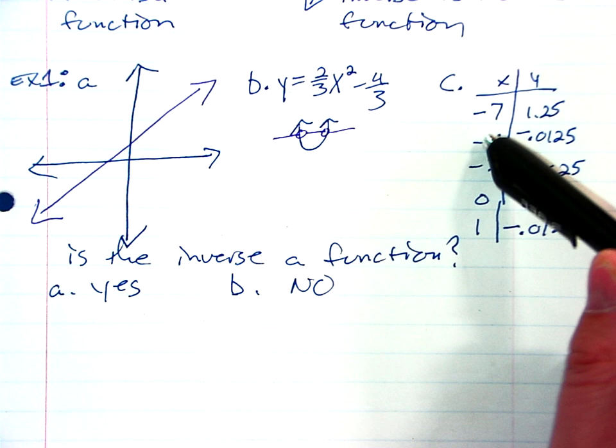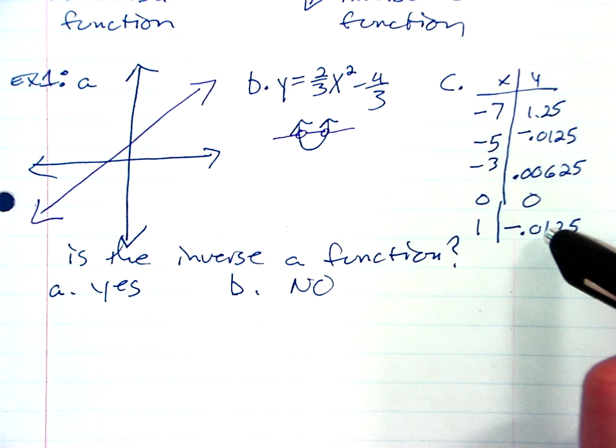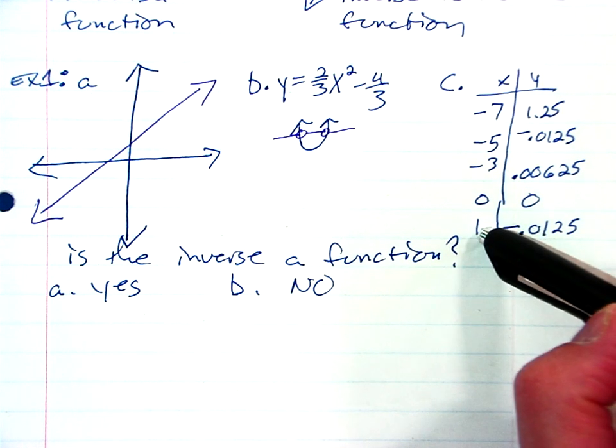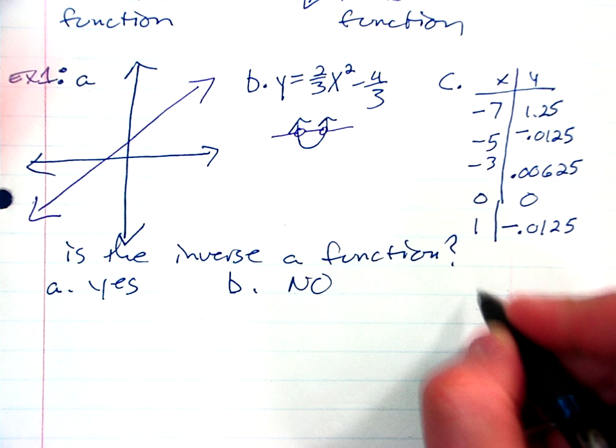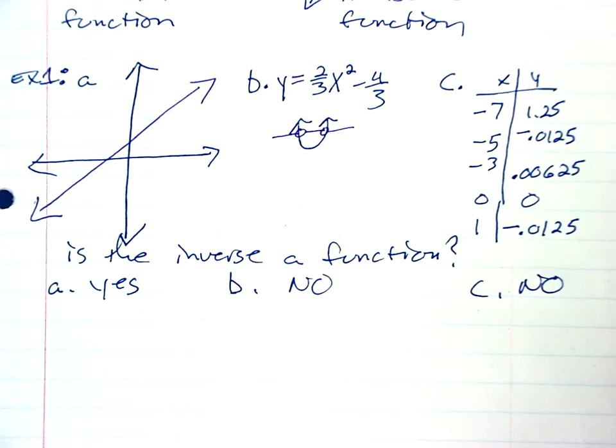She's happy. This time, she pushes her negative 0.0125, and prune juice comes out. Or a Mars bar comes out. What is a Mars bar? You're making stuff up. Yes. All right, so for C, this one's not, because when we swap the numbers, it's not a function.